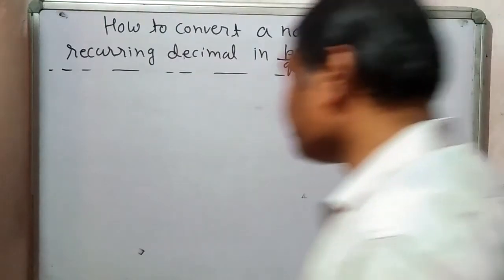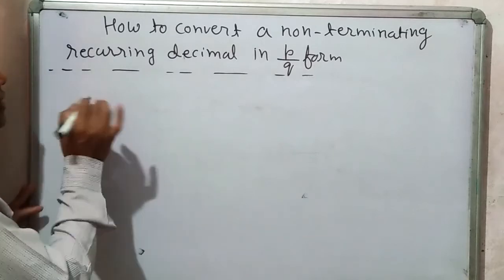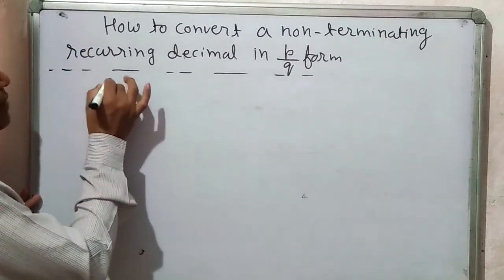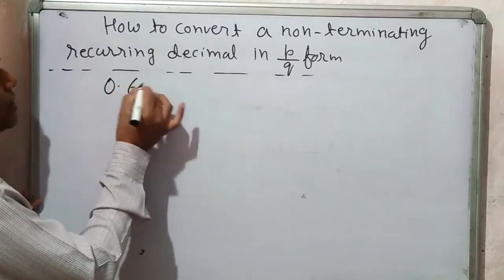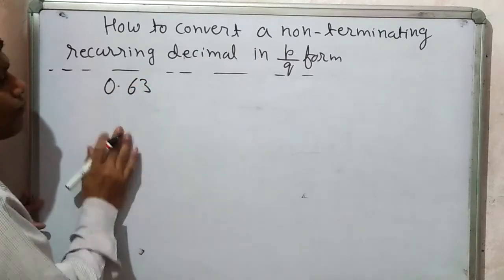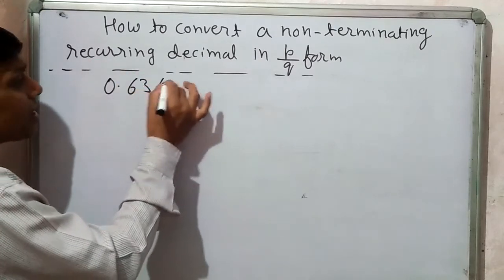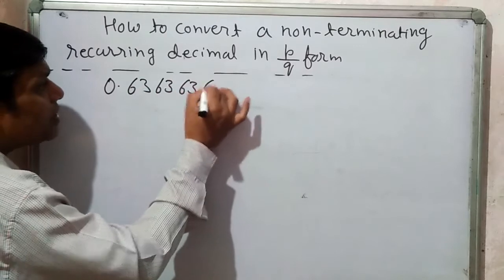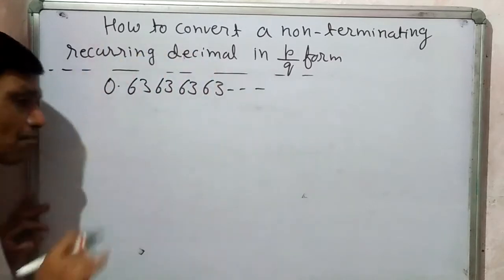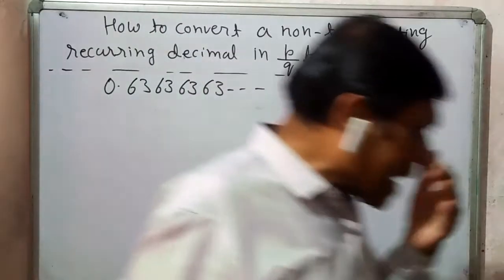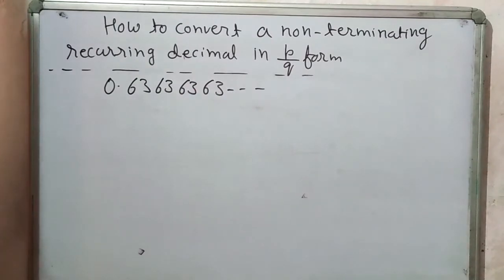One more example where we are given the number 0.63, and this time both digits, 63, are repeated.